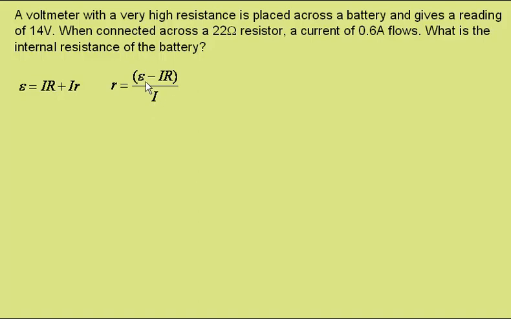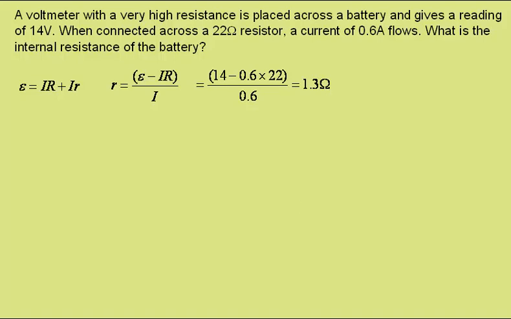The EMF being 14 volts, the external resistance being 22 ohms, and the current 0.6 amps. So we can add the numbers to get this, and when we work it out we get an internal resistance of 1.3 ohms.